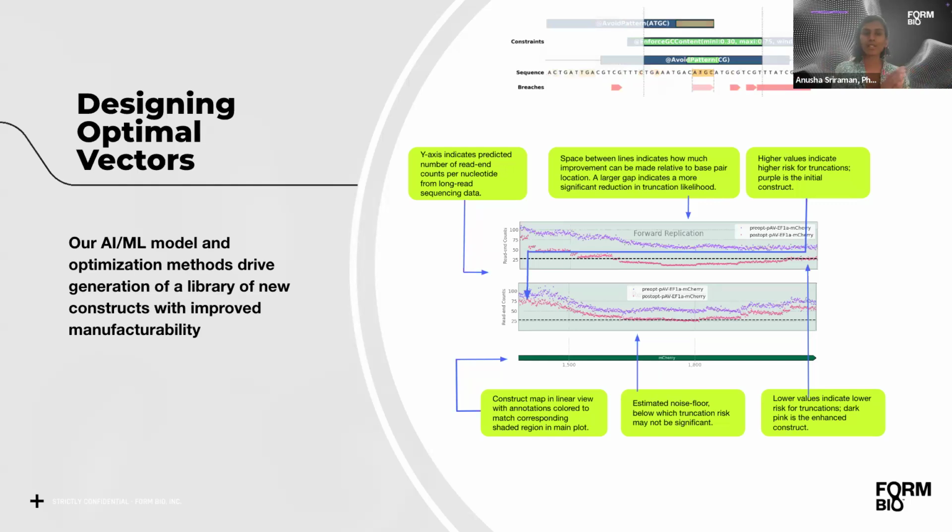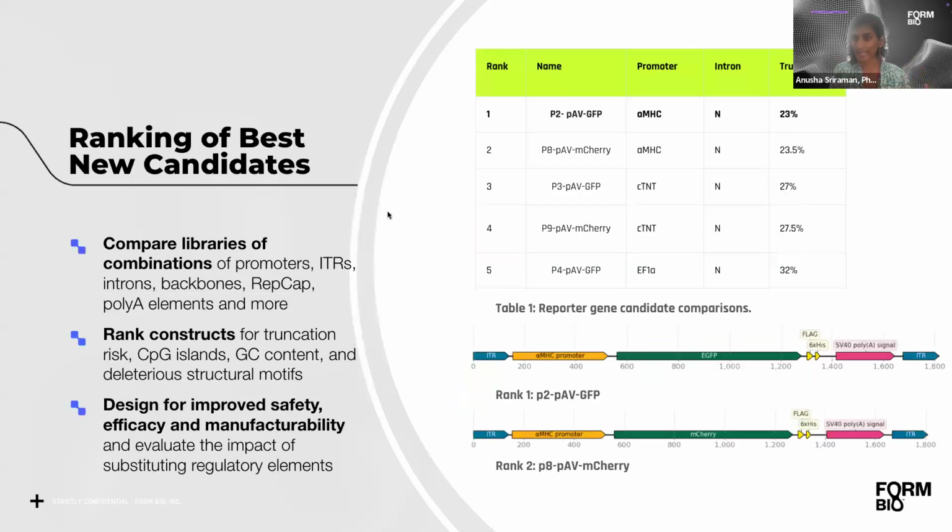This brings us to the broader impact of these optimizations: how FormSight AI reduces the number of trial and error cycles and helps to accelerate vector development. By performing these in silico assessments, FormSight AI helps identify vector designs that are most likely to succeed. With access to libraries of promoters and polyA sequences, we can test multiple combinations and narrow down the best candidates early in the process.